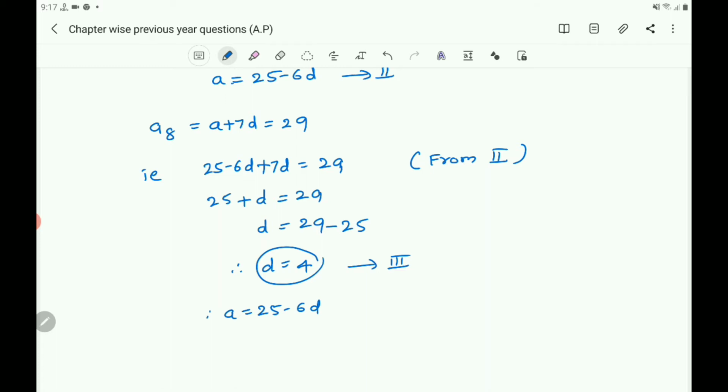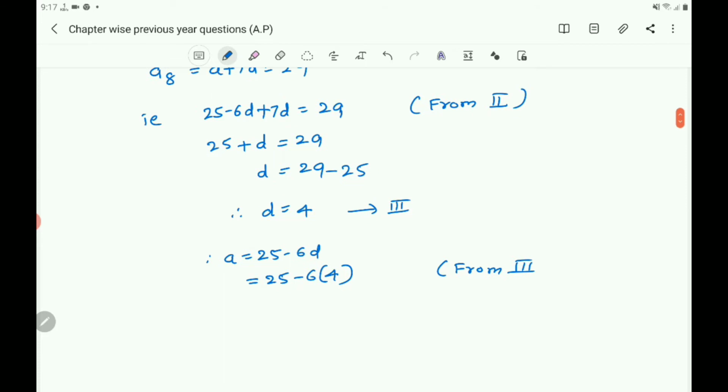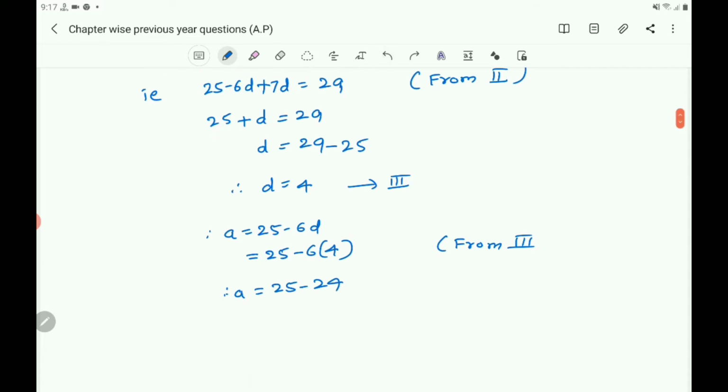Because you got the value of d, substitute it: 6 into d, where the value of d is 4, from the third relation. Therefore a equals 25 minus 6 fours are 24, that is 25 minus 24, which equals 1. You got the value of a.